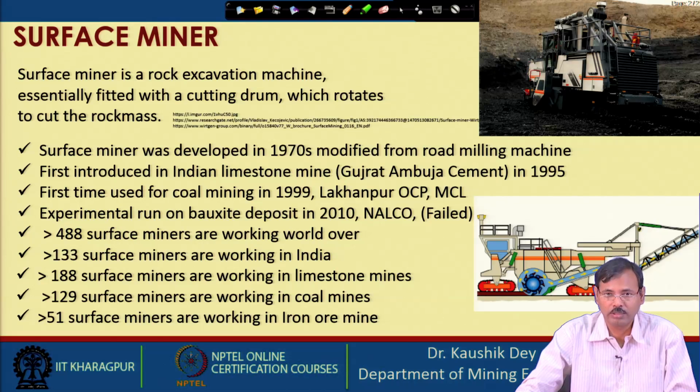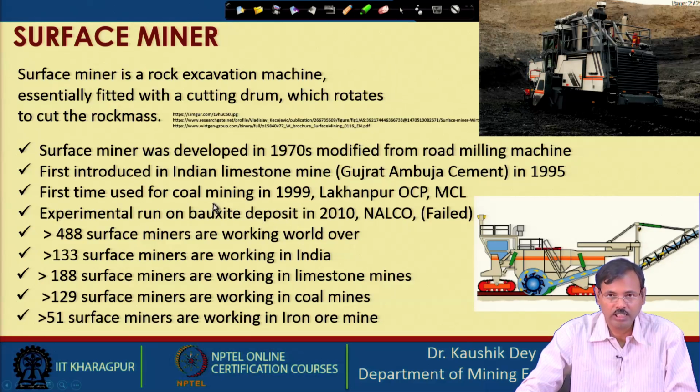Initially it was taken in the limestone mines, and later around 10-15 surface miners were deployed in limestone mines, mostly for cement companies like India Cement Limited, Madras Cement Limited, Gujarat Ambuja Cement Limited, where the strength of the limestone lies between 50 to 80 megapascal.